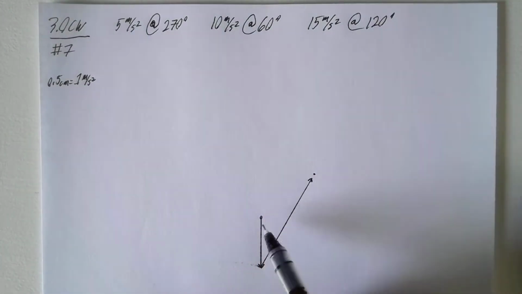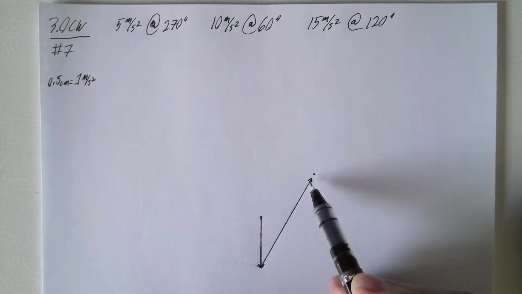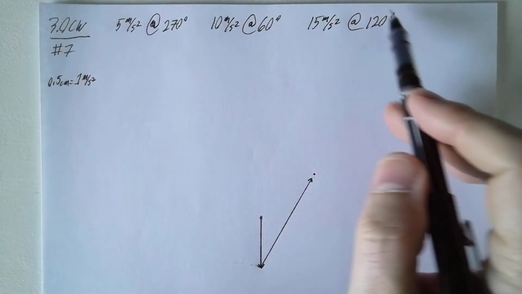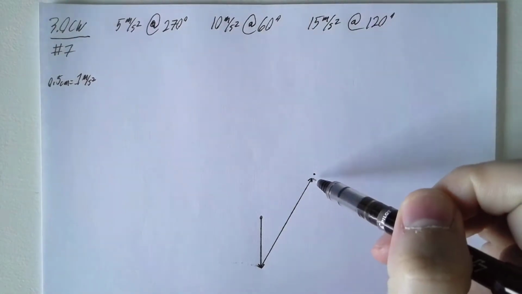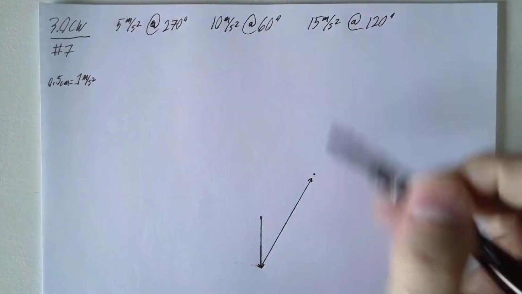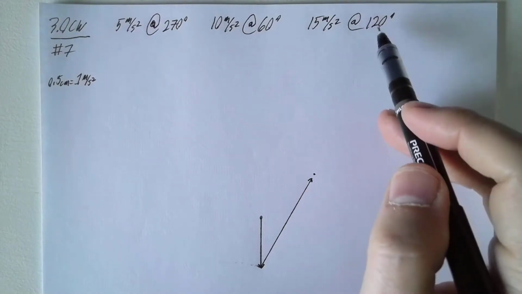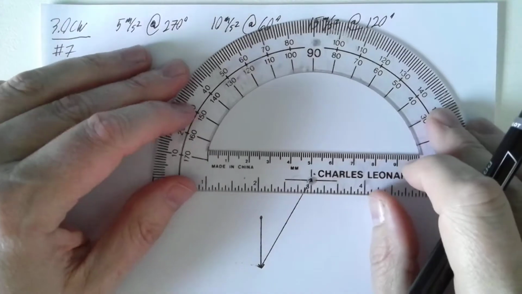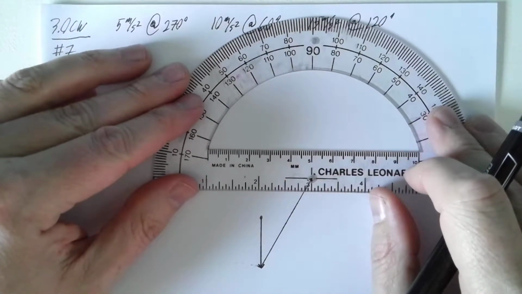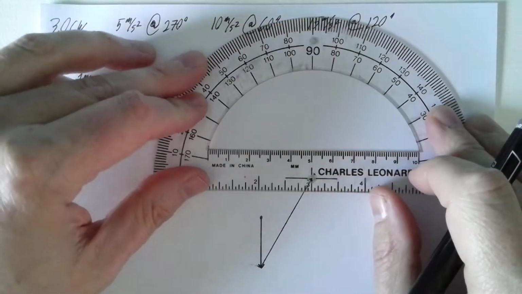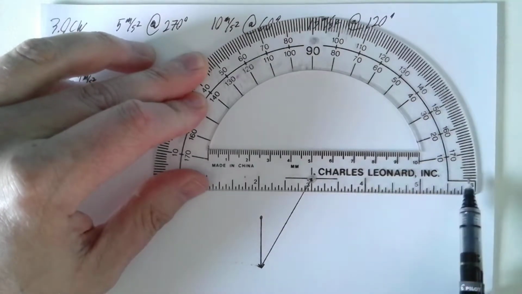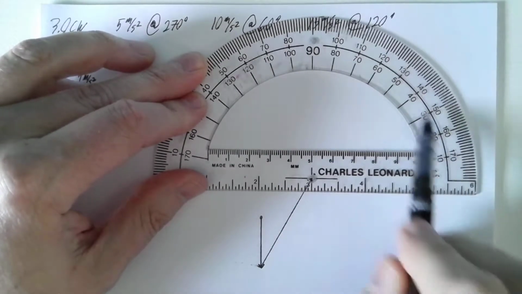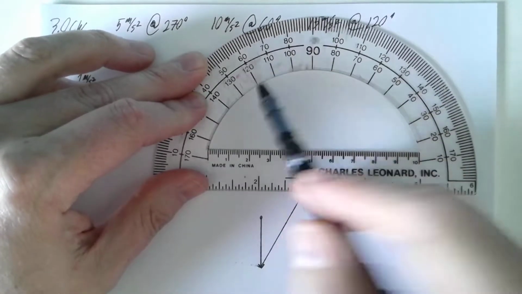If we were to draw the resultant here, it would go from here to there. But since we're adding 3, we're going to put this one onto the tip of the last one we drew. So 15 meters per second squared at 120 degrees. So we start measuring from the tip of the last one. Our 0 is right over here, and 120 we measure from 0, 90, 120.